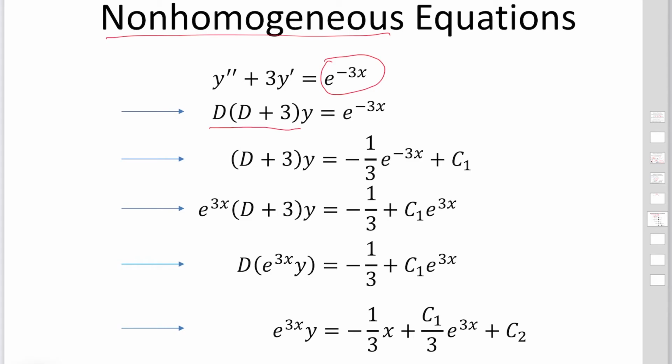Then integrate one time. It becomes (D plus 3) y, and the right-hand side is integrated. The integration of e to the minus 3x becomes minus 1 over 3 e to the minus 3x plus an integration constant. This is the integration constant.